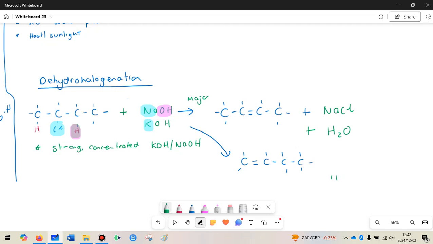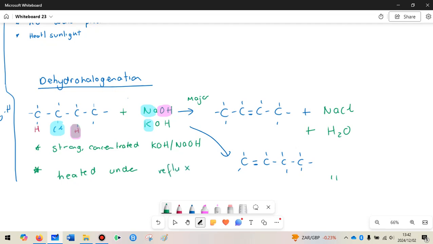Okay, so this long complicated name is also the long complicated one where you can't just reverse the arrow. You actually need to add this concentrated strong base, and that will cause the halogen and the hydrogen to be eliminated. This long complicated one is also the one with the weird conditions. This must be heated under reflux.